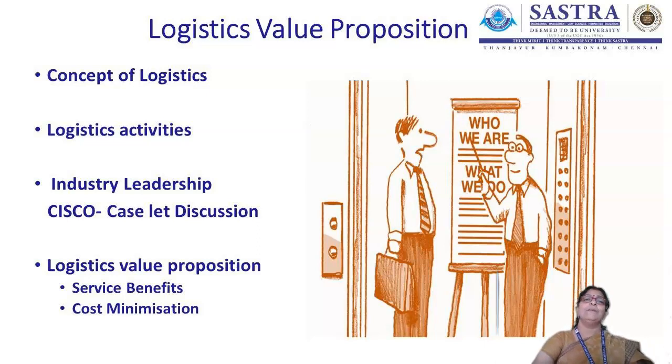So in a simple way, it's a bundle of goods finally ready to be supplied to the customer on time as per the demand. This is the introductory part which we have seen in the previous classes. We also defined what is logistics.